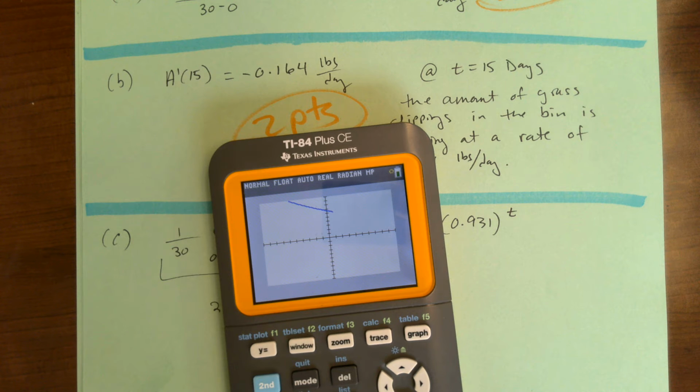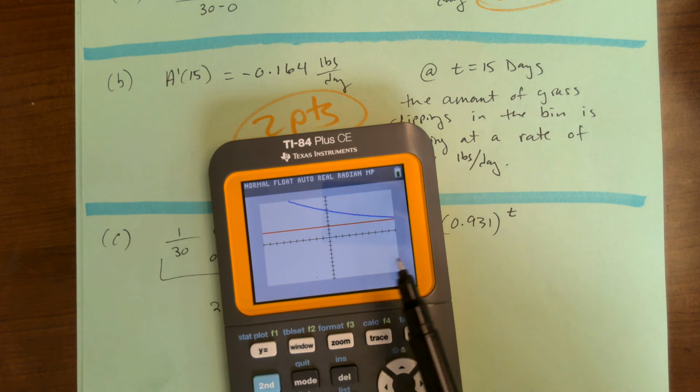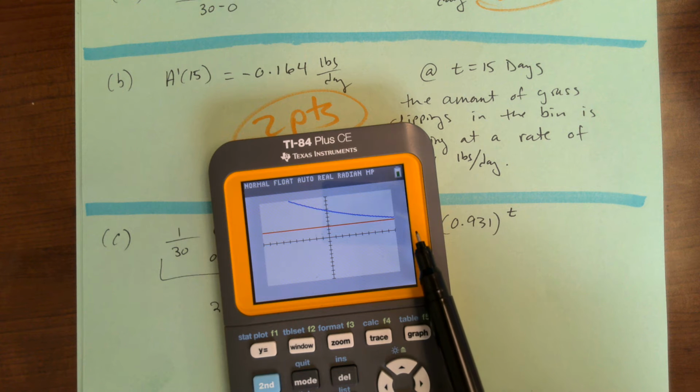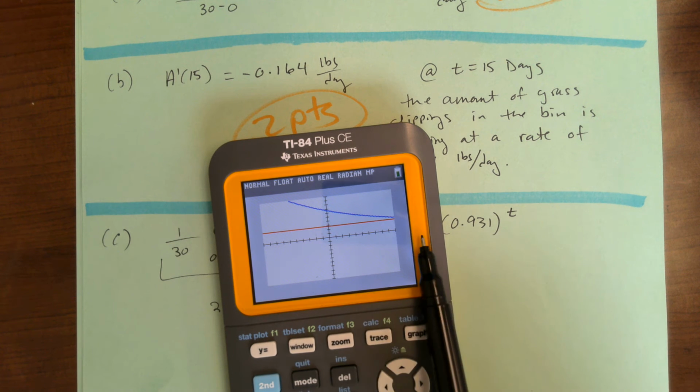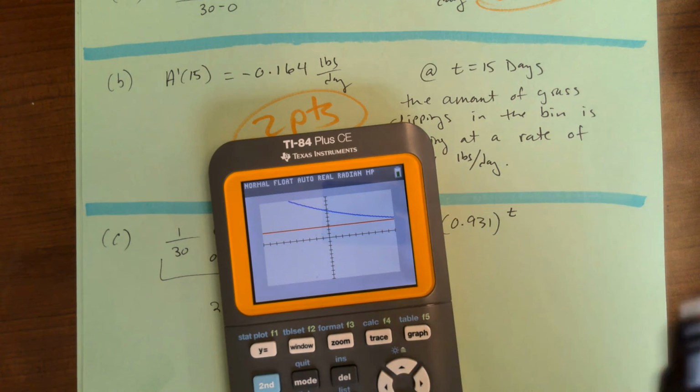Okay, so there's that exponential function, the amount of grass clippings. It's decreasing. That's the average value. And as you can see, they're intersecting but off of my screen. So I need my rightmost x to be further out.